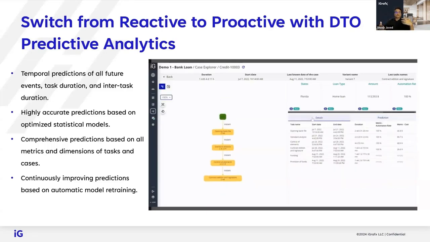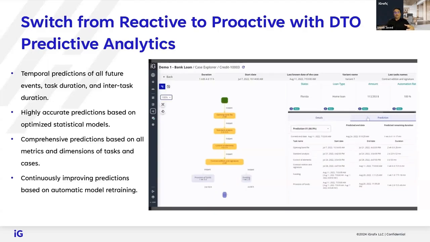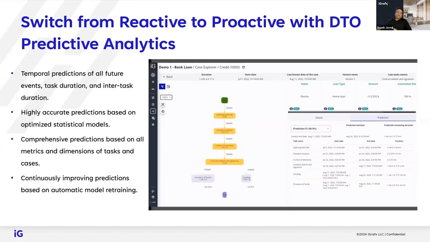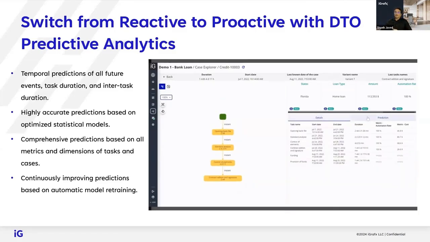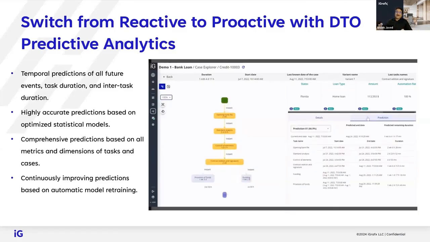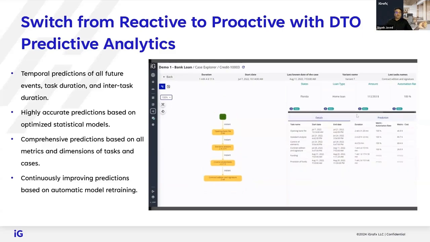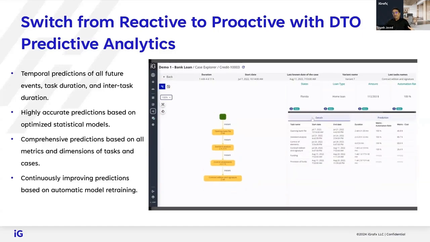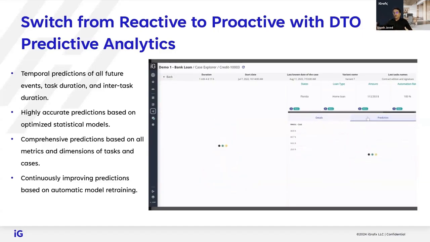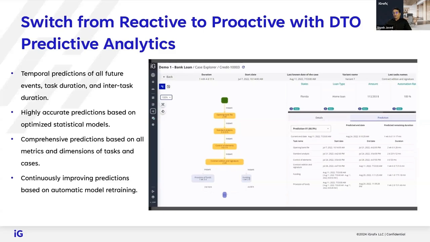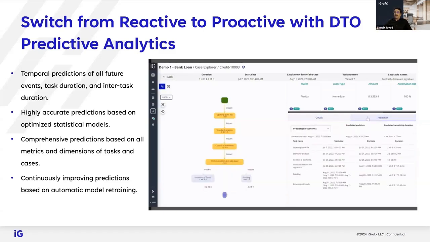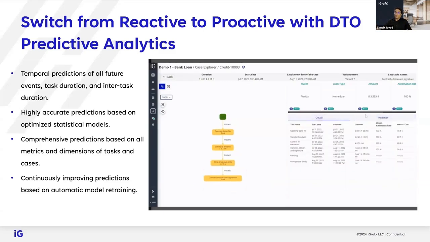And these predictions will predict things about future events, tasks, task durations, inter-task durations, to tell you how a given process is likely to complete, and therefore should you adjust something now before it's too late, right? And getting this information helps you continuously improve what you're doing, and then using those improvements and feeding it back into the loop to again make better predictions and better models and better improvements, right?